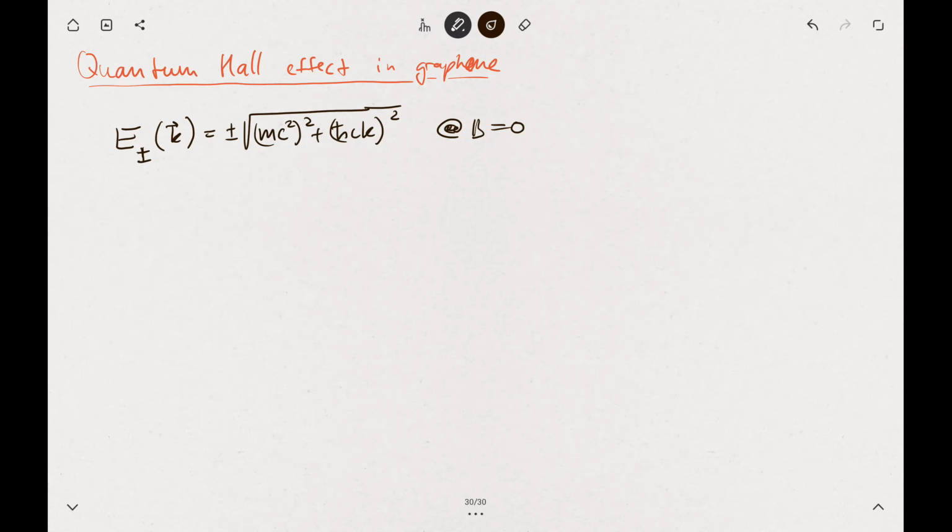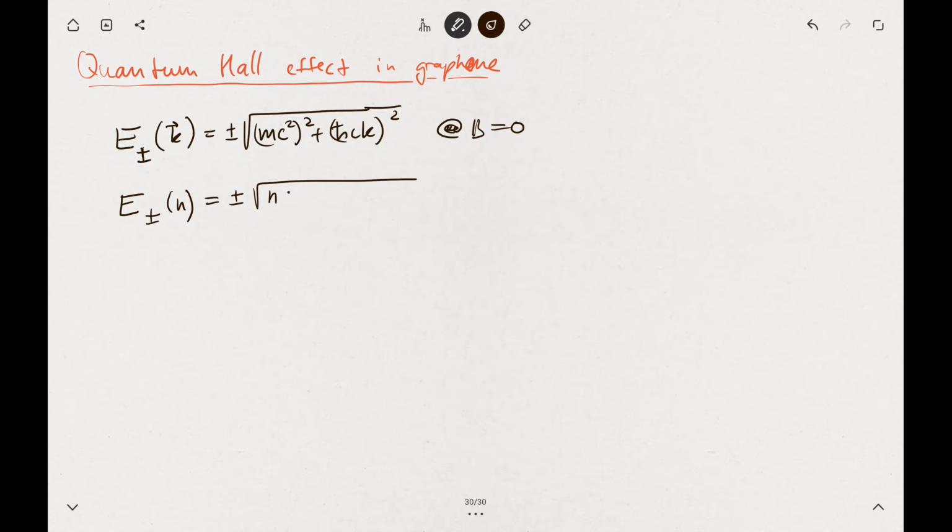For relativistic particles in non-zero magnetic field, the spectrum becomes quantized. So it's a function of the index of Landau levels, and it has the following form.